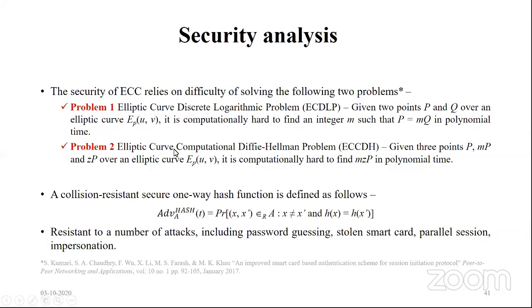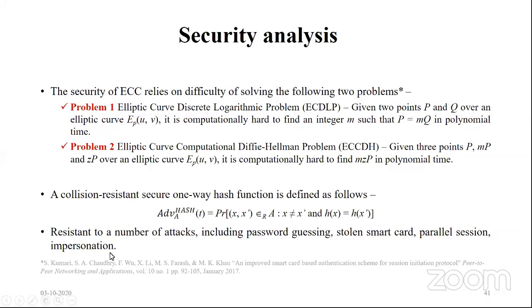Similarly, the other problem is the elliptic curve computational Diffie-Hellman problem, in which we consider 3 points on the elliptic curve. Then it is difficult to find the multiplication of those 3 points in polynomial time. So these two problems associated with ECC provide the necessary security to the remote user authentication scheme.